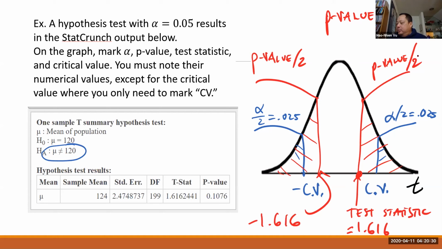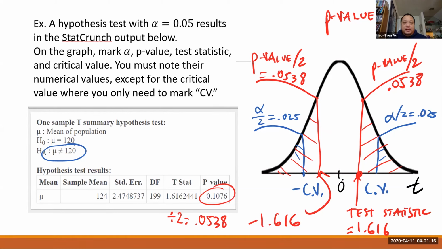And p-value is divided by 2, so I take this p-value, divide it by 2, and get 0.0538, 0.0538. Values on the axis can be positive or negative, depending on which side of 0 they are on, but the area is always a positive number.